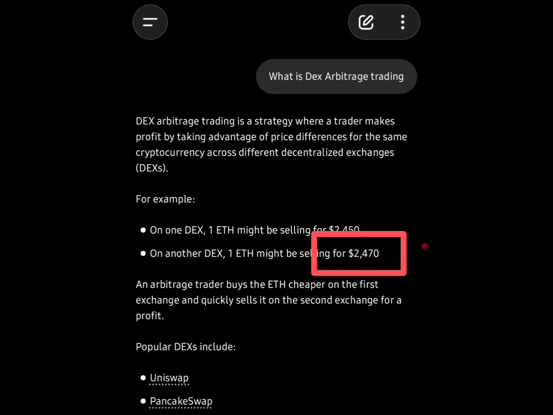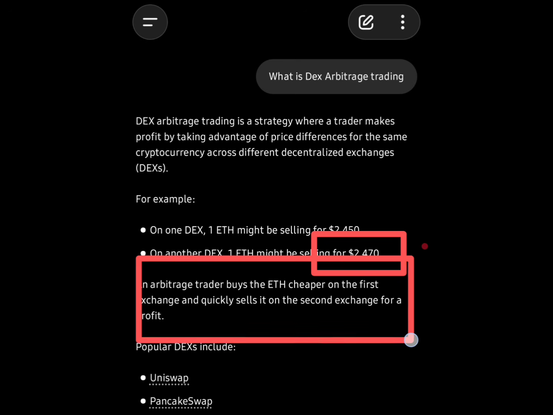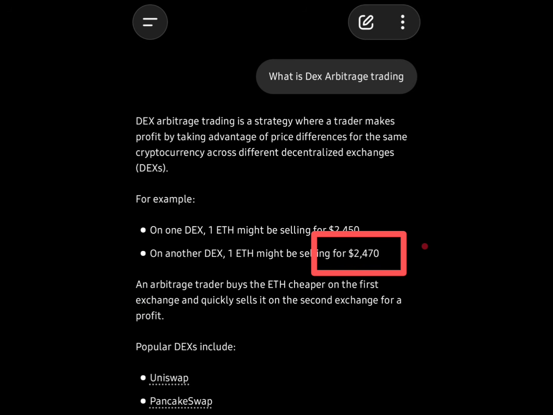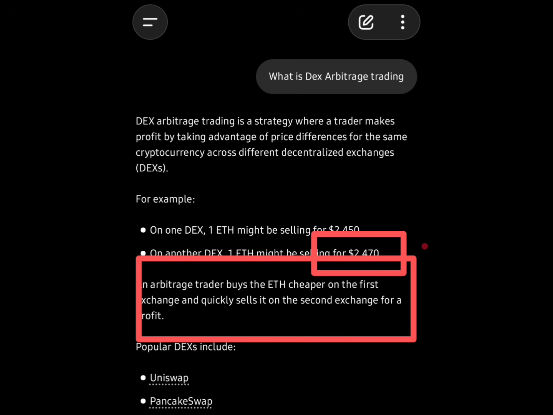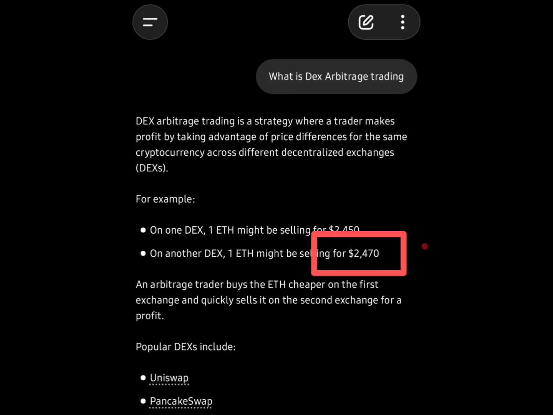So ChatGPT says you will need to buy the Ethereum on the first DEX that is selling the Ethereum at a lower price, in this case 2,450. Then you simultaneously, quickly sell it on the second DEX that is selling the Ethereum at a much higher price, in this case 2,470.